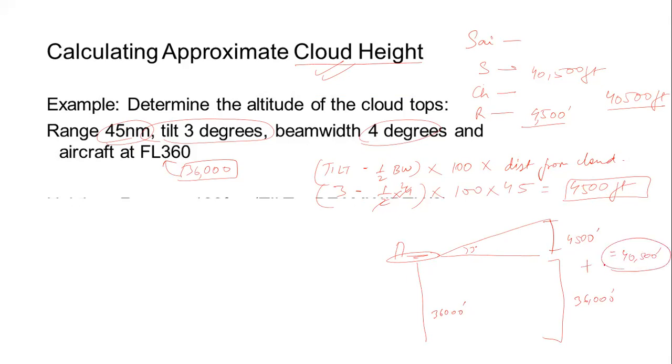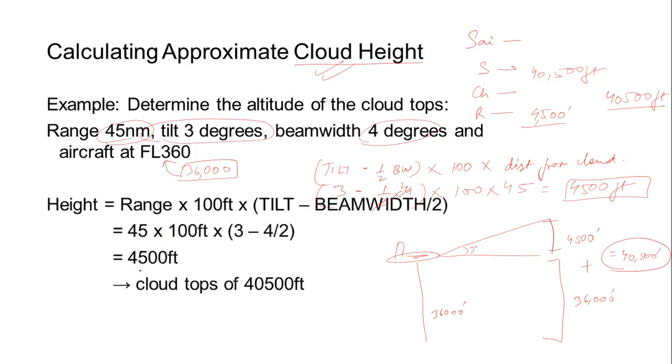And that is how the questions in BGC will be asked. You can see I've got my answer, but this is not the correct answer. Cloud top is at 40,500. All right, Rupesh? Yes, that was my doubt. Yeah, that is why I kept telling you this. Chalo, good job, Sarthak, Chinmay. All right.